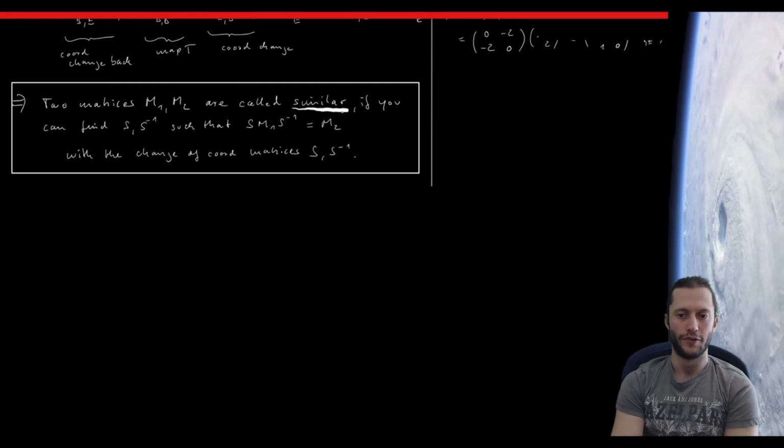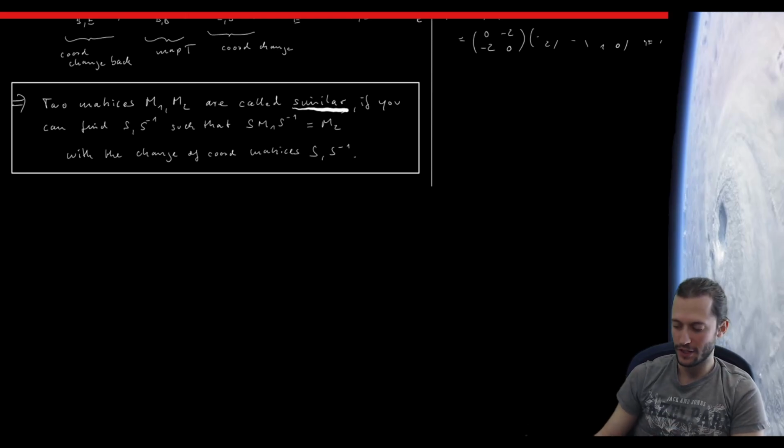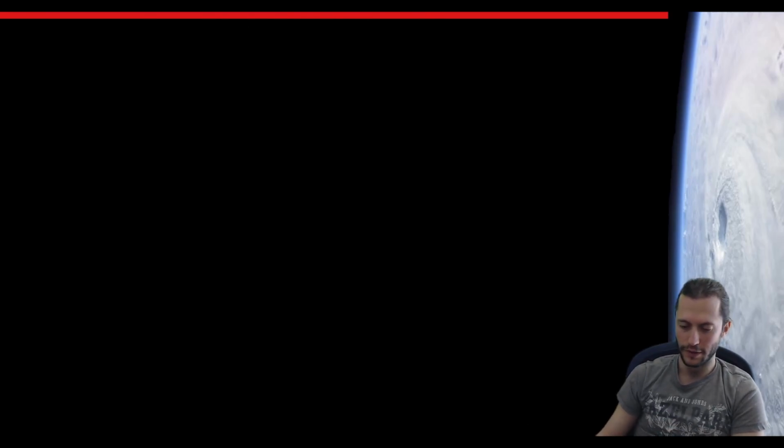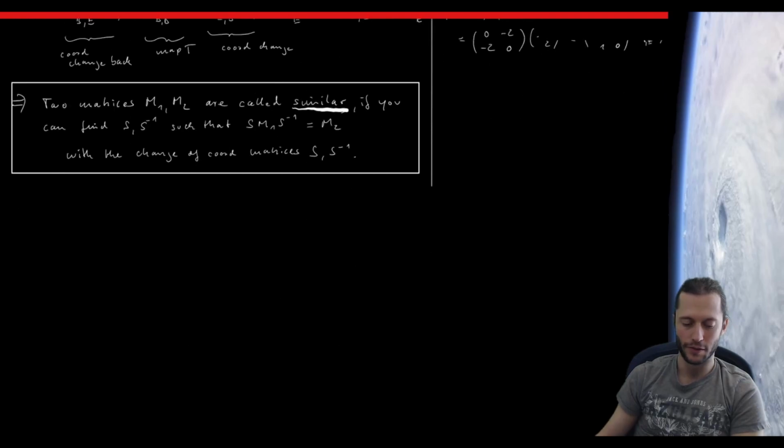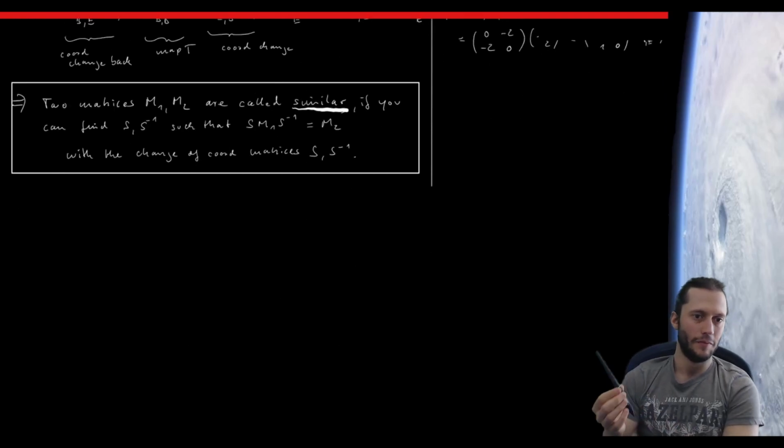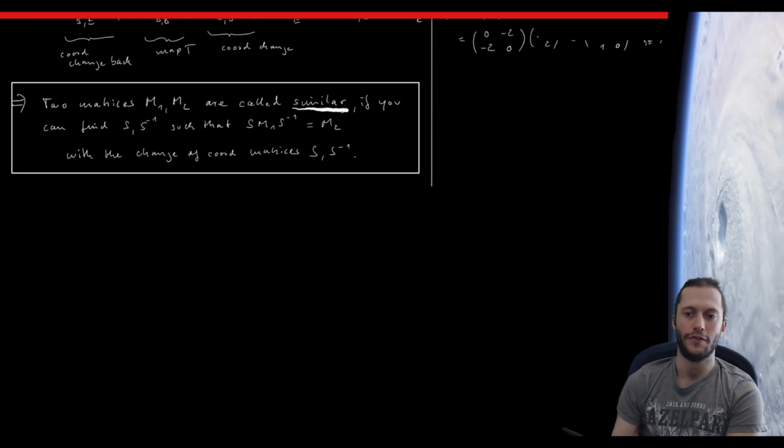Before I conclude, I want to do some more next level drawing or sketching, which hopefully explains a little better how the same linear map T is acting, but it has different matrices.